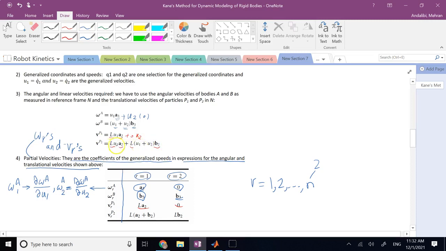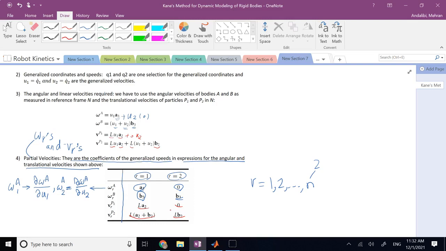They are both multiplied by u1, so it's going to be LA2 plus LB2, or you factor out L. What do you have for u2? You have LB2 multiplied by u2, so you get it here. Right? So just that simple partial derivative or the coefficient will definitely get you what you wanted.